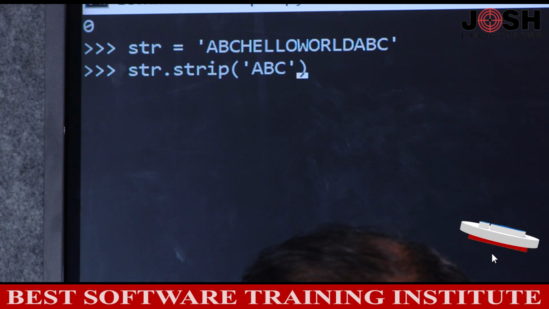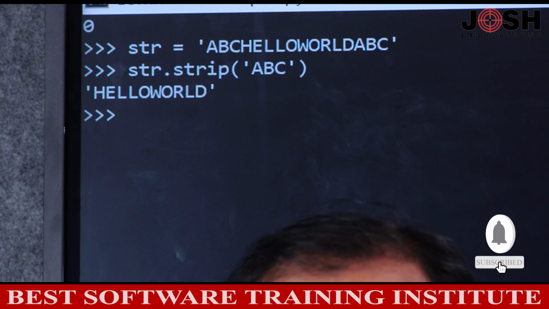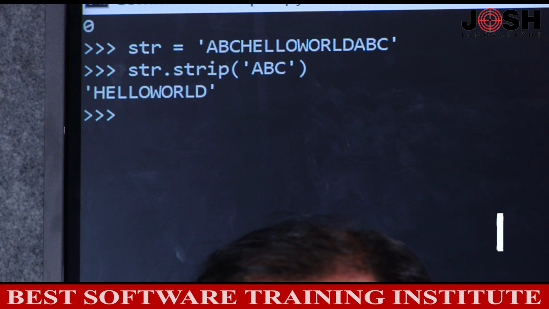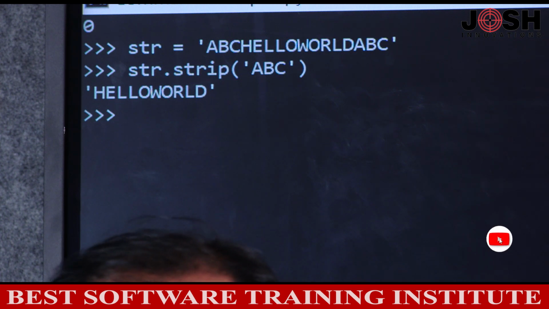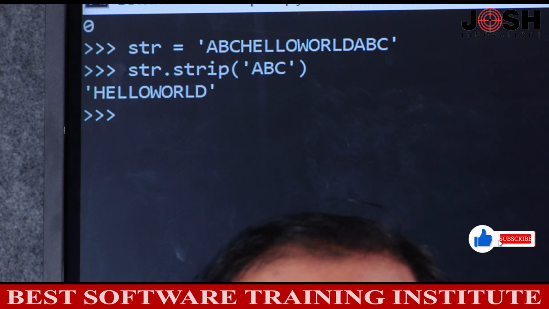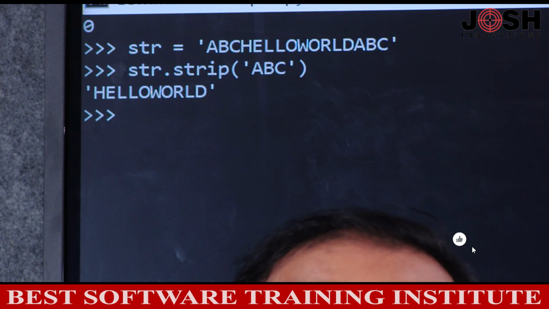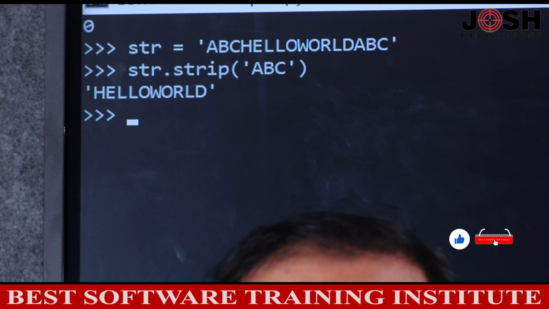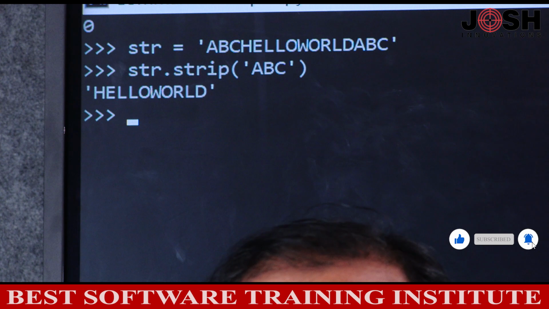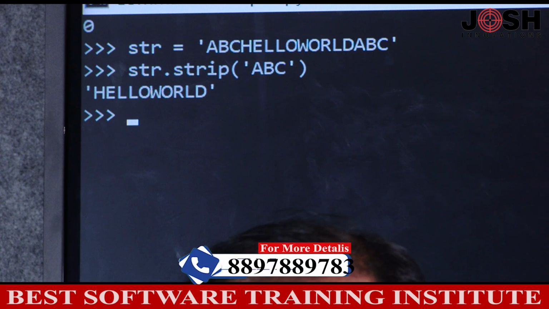When I press enter, it displays hello world. So, this is a way to remove spaces as well as characters, leading characters and trailing characters, by using the strip method. Yes, this is the first method.